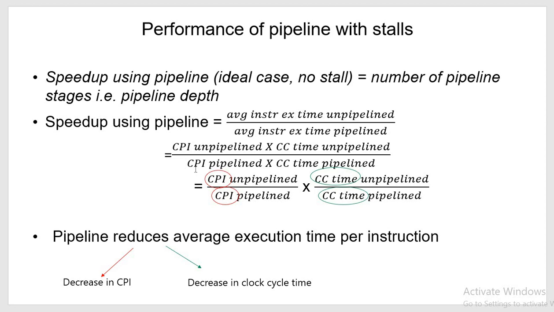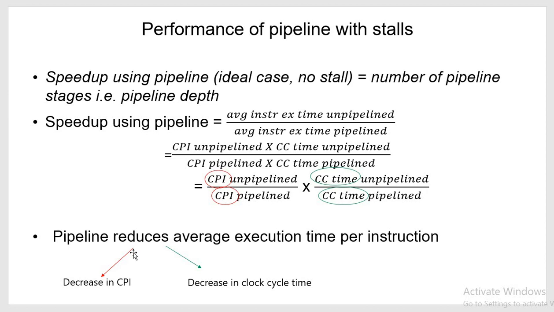Similarly, the average instruction execution time for the pipelined structure will be the CPI of pipeline times the CC time of the pipeline. Now we bifurcate it into two terms: CPI unpipelined over CPI pipeline, times CC time unpipelined over CC time pipeline.